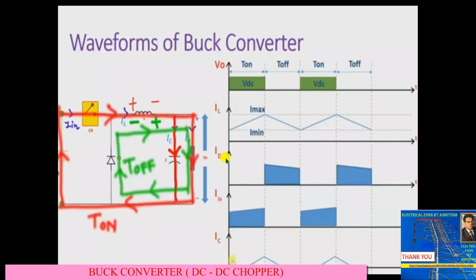So when the switch is off, the diode is on, and the energy stored in the inductor is released and ultimately dissipated in the load resistance, and this helps to maintain the flow of current through the load. But in the analysis, we keep the original conventions.